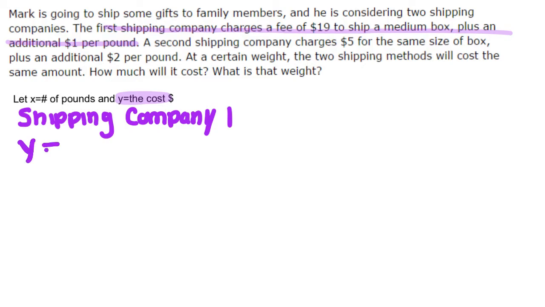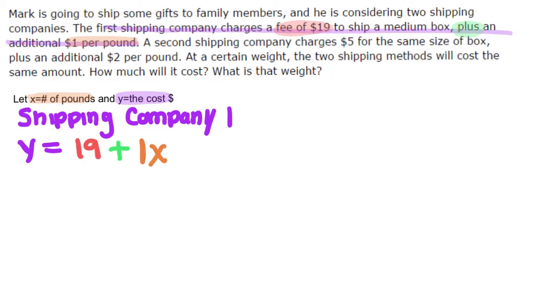So y is equal to, and then it tells us there's a fee of $19. So it's going to be 19 plus an additional fee of $1 per pound. And we know that the number of pounds is x. So I'm going to say it's plus 1x.